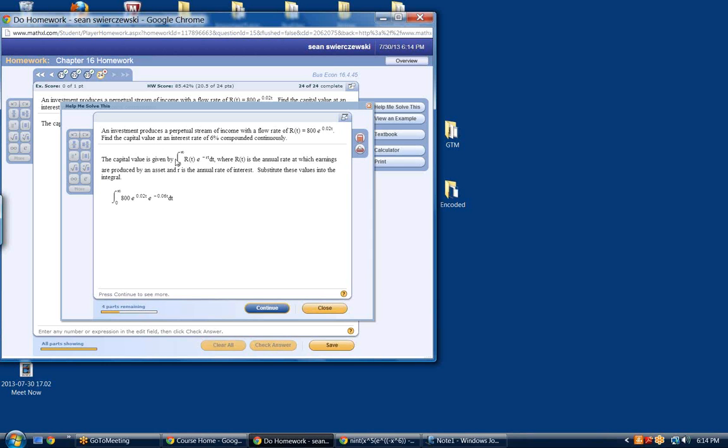It's the same formula as present value, only it goes from 0 to infinity instead of 0 to a specific time. So it's exactly the same as present value, only we go from 0 to infinity.